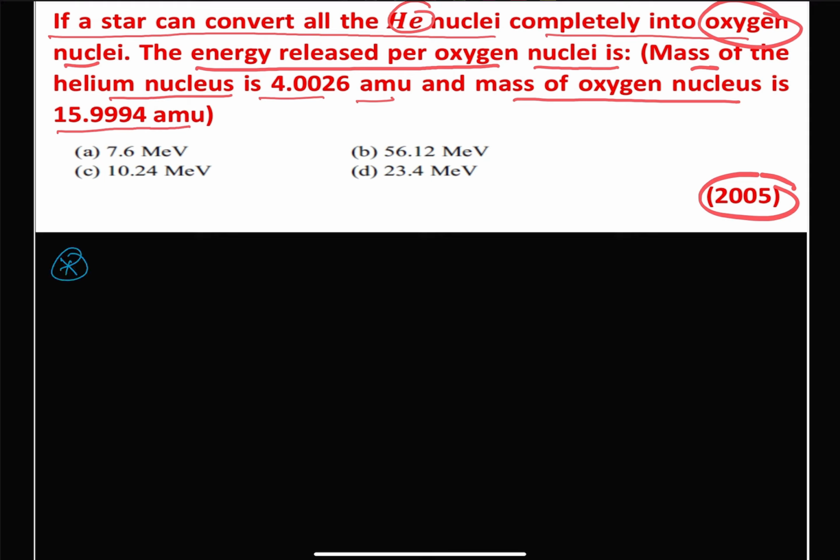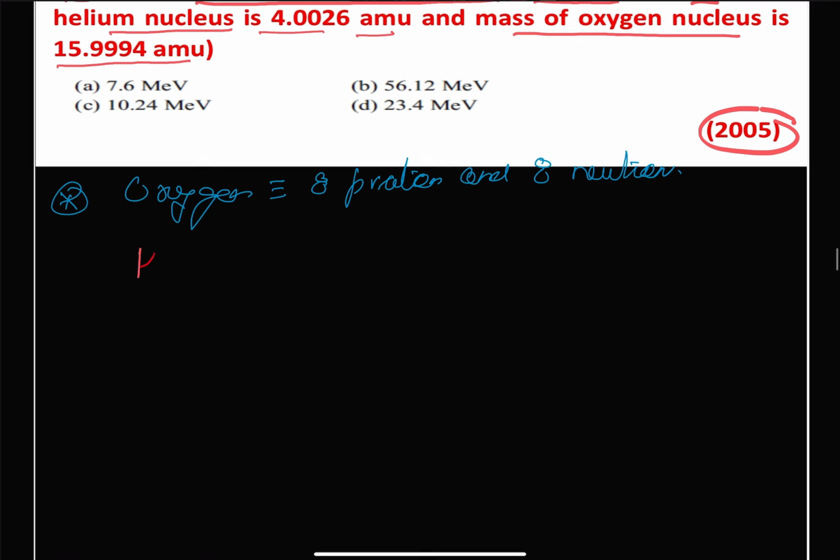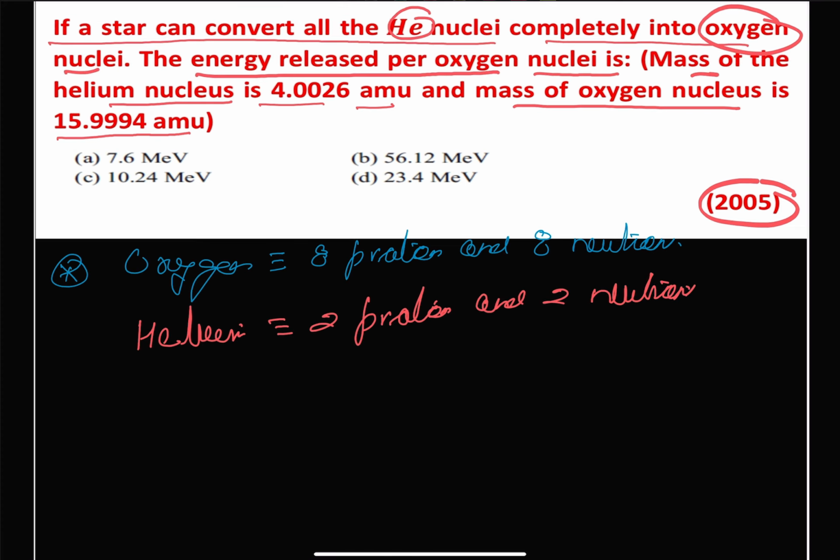So we can say that our oxygen consists of 8 protons and 8 neutrons, and our helium consists of 2 protons and 2 neutrons, and it says that all of the helium is converted into oxygen.